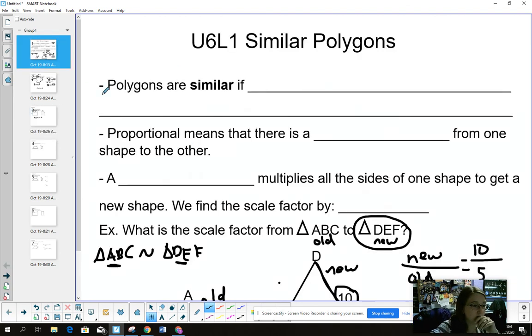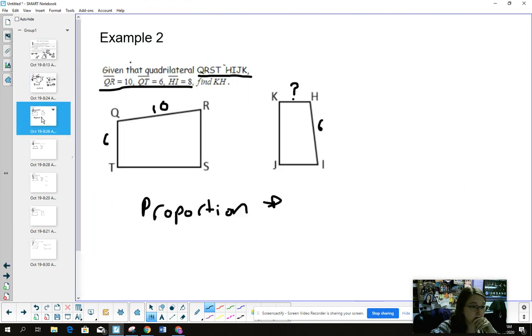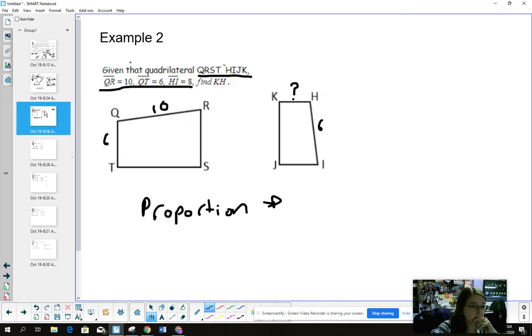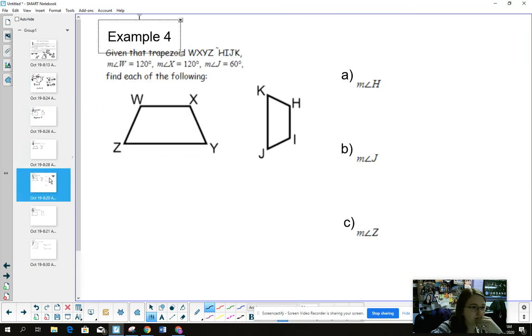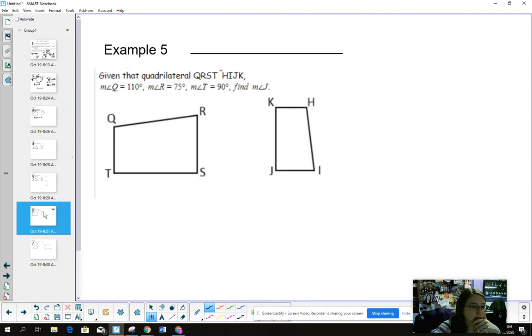I might honestly just do this and that. Yeah, I think I will. It's going to get really long really quick.